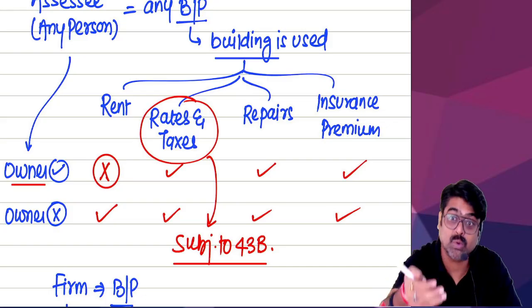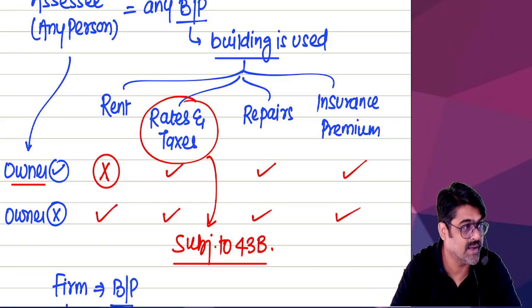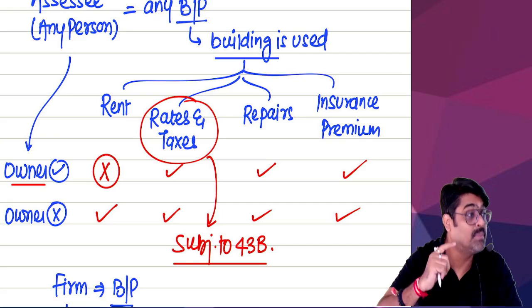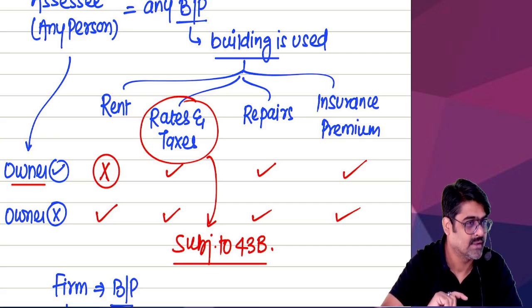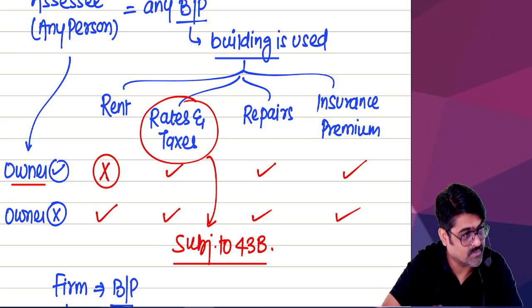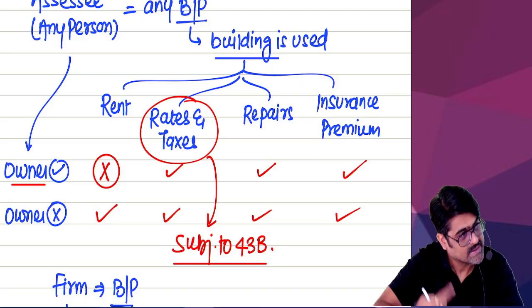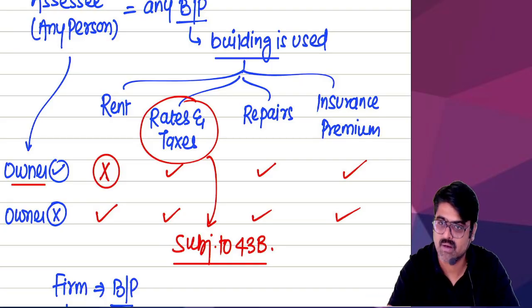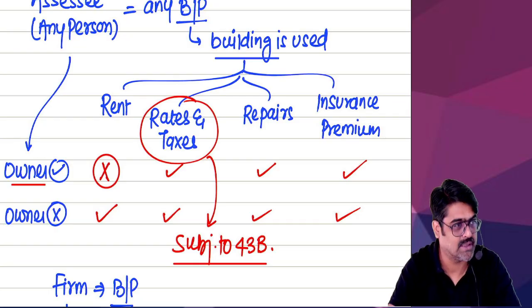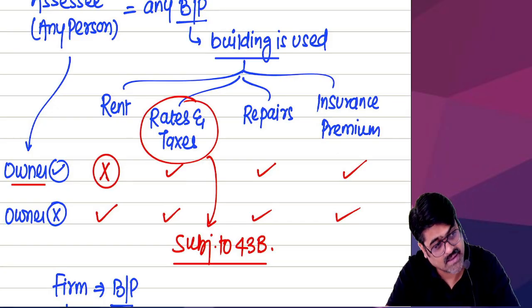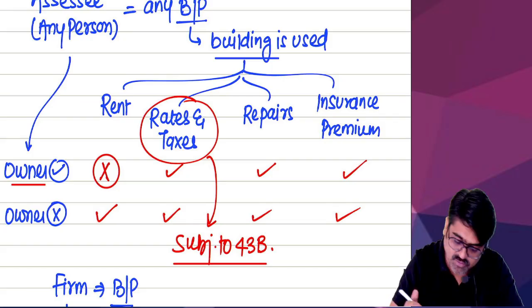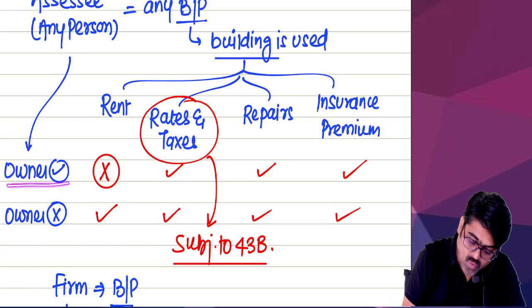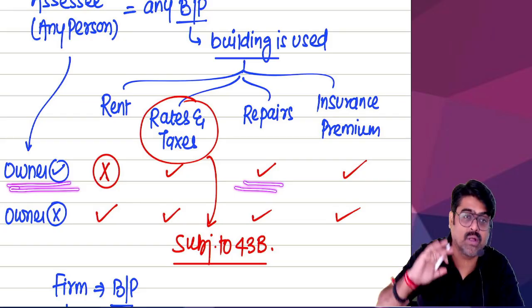Rather, you are supposed to add that repairs cost to your building's cost, and along with the cost of that building, it will be allowed in small parts in the form of depreciation. But you cannot claim it under section 30. Which repairs? Capital repairs. But the capital repairs done by the owner will be added to the cost of building.